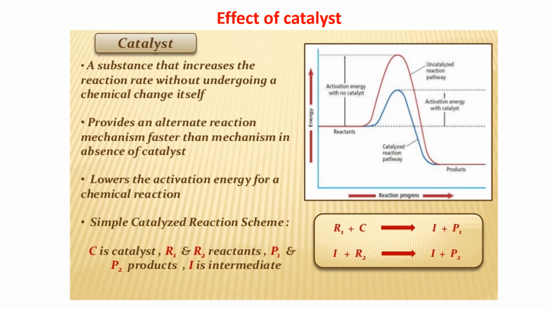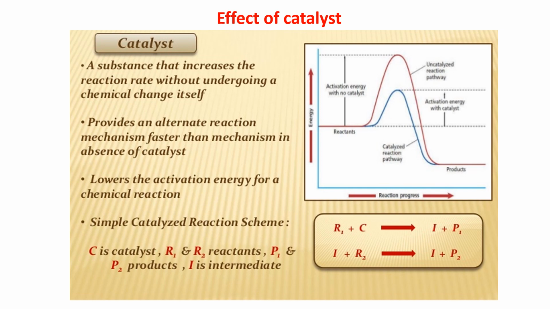Now the catalyst is providing an alternative reaction mechanism, which is faster than the mechanism that happens in a reaction when the catalyst is absent. When the catalyst is not present, some mechanism is still going on.